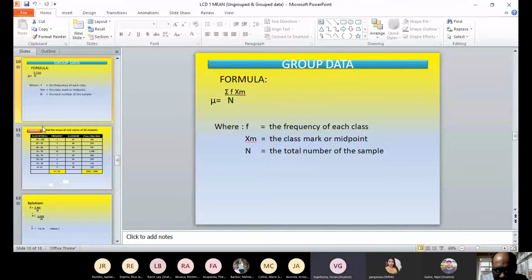Ang E natin is significant error. 0.05, Doc. Oo, 0.05, 5% error. But you try to square. Squared mo anay. Meaning, 2 times mo i-multiply ang 0.05. So, 0.05 times 0.05, that is the square.